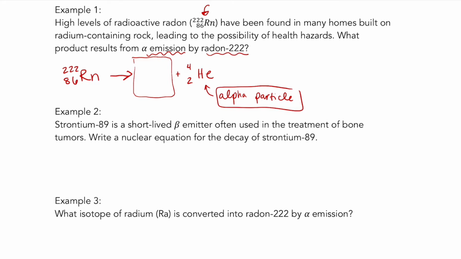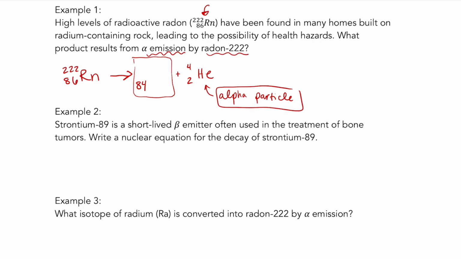Well, I figure it out by balancing, right? So it's not too tricky once you get the hang of balancing the reactions. So 86, it's going to have the atomic number of something plus 2 equals 86, right? What plus 2 equals 86? It's going to be 84, so that these two add up to this one.